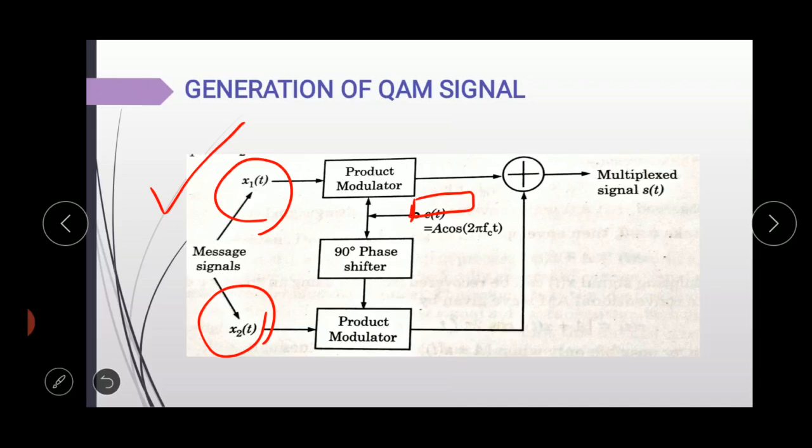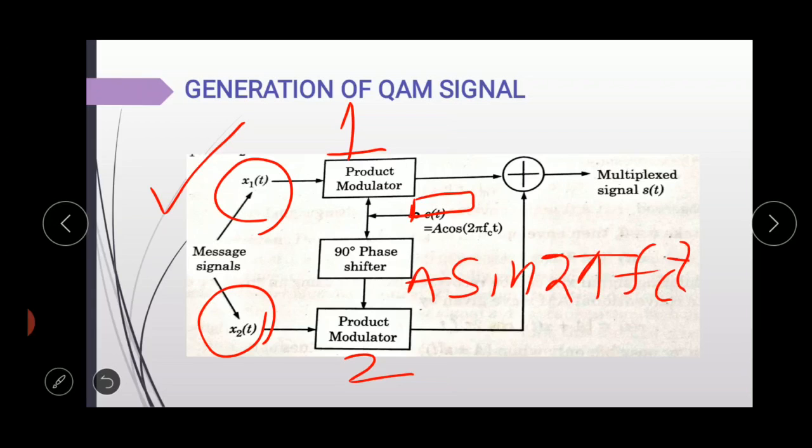To product modulator 1, we give x1 of t and the carrier signal, and to product modulator 2, we give the incoming signal x2 of t and the phase shifted carrier. Here the carrier is 90 degree phase shifted before it is given to product modulator 2. So to product modulator 2, we give A sin 2 pi fct, because after shifting 90 degrees, as per the mathematical formula, we get A sin 2 pi fct.